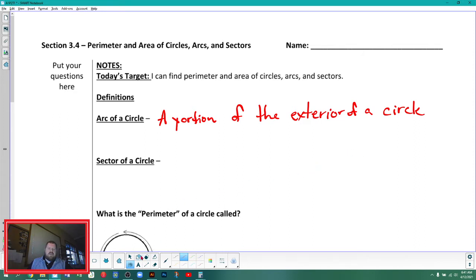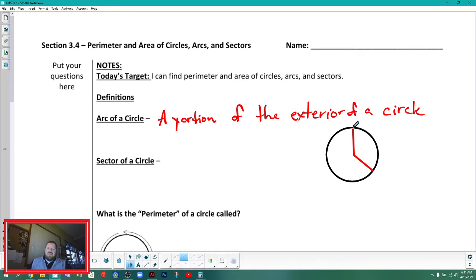So I'm going to use kind of the same picture for both of these, just to get a little bit of an idea. Now, I wish I had the center, but I'm just going to have to guess at where the center is. So let's say that piece right there.